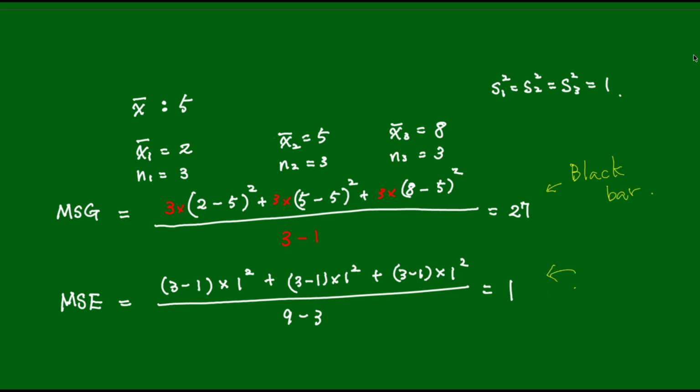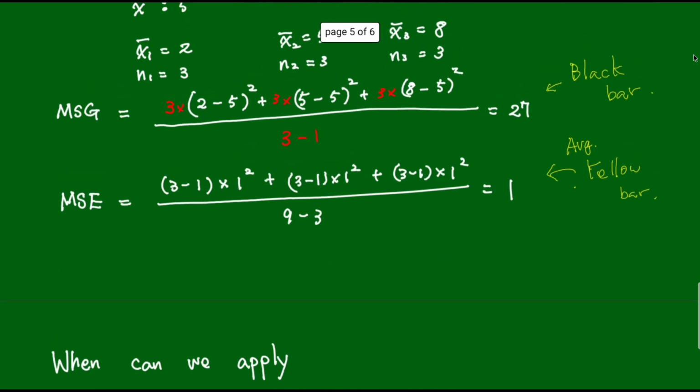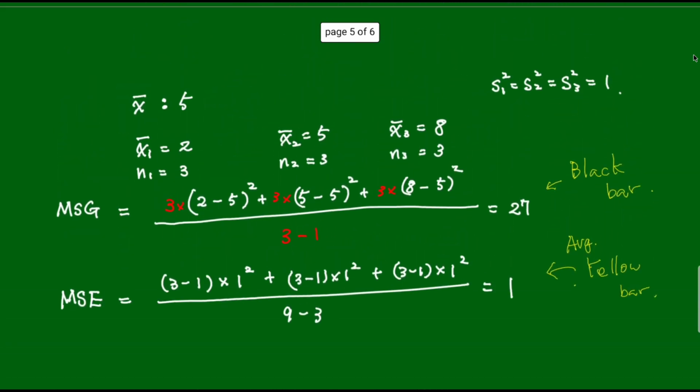And MSE is related to the average of the yellow bar. Maybe you can just look into it, because all the numbers are really simple. Since we have 27 and 1, our F statistic will be 27.